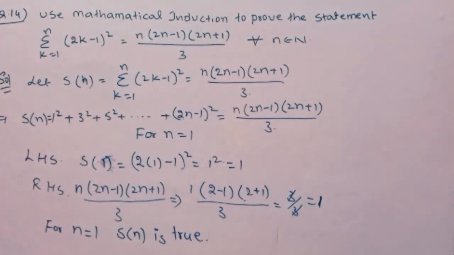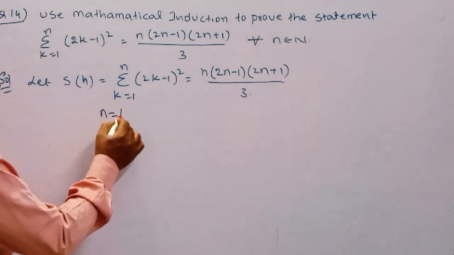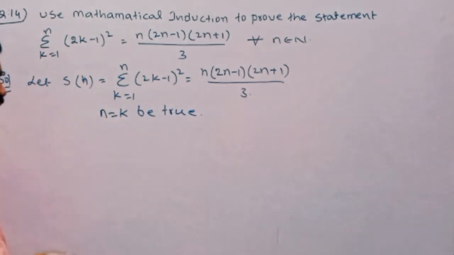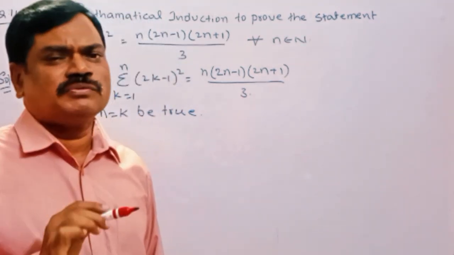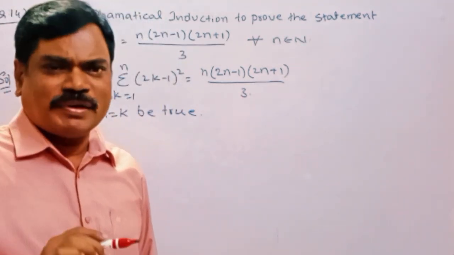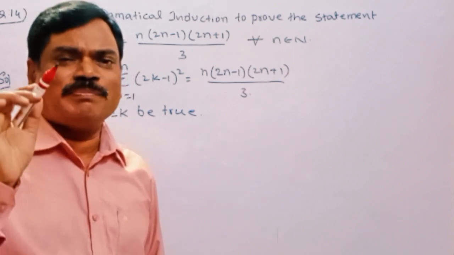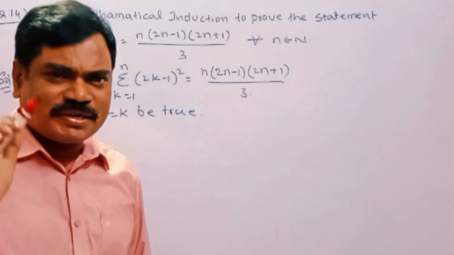We want to go to the second step. What is the second step? Let n equals k be true. We want to prove that n equals k be true implies n equals k plus 1 is true. That is the process of mathematical induction.